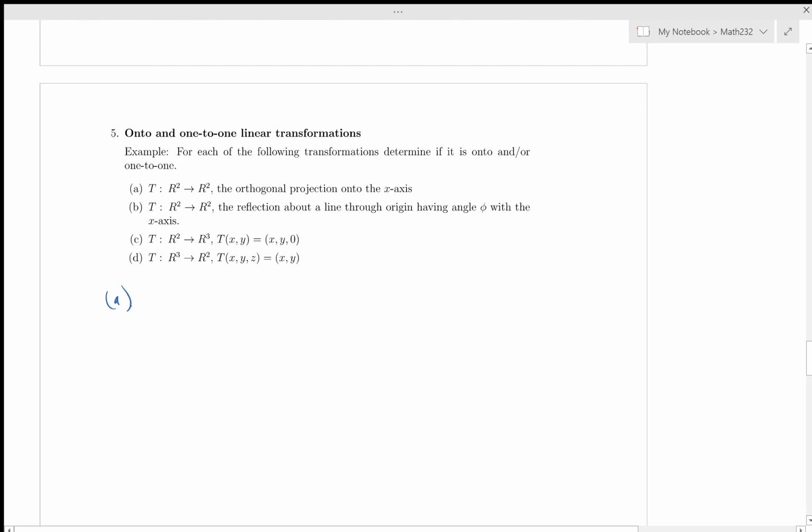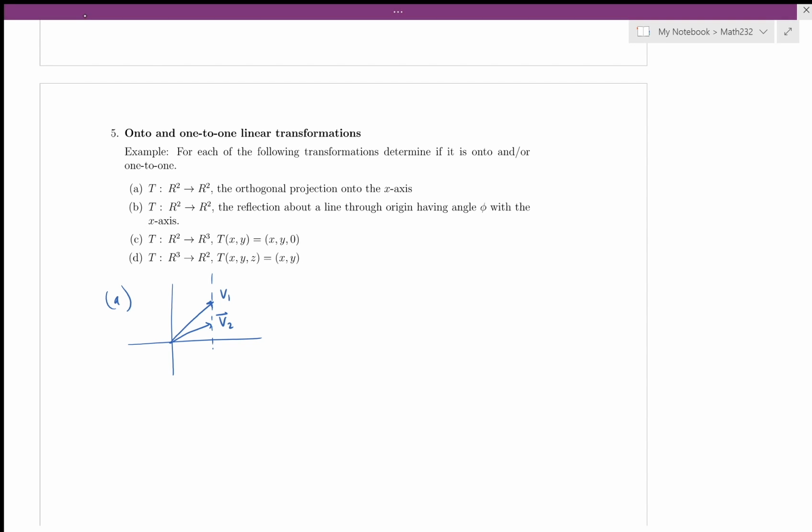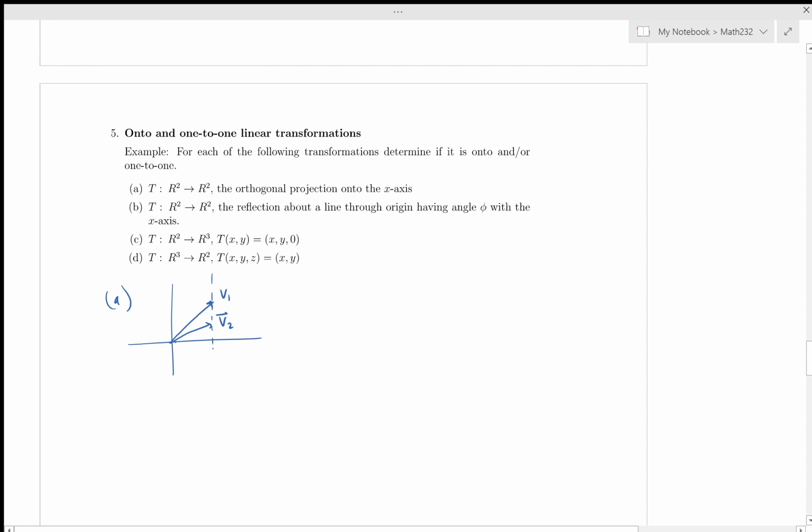A here is a transformation, orthogonal projection onto the x-axis. I'm just going to appeal to a picture here. I've got one vector there, v1, and a second vector here, v2. Then I'm going to project both of those down onto the x-axis, and the projections of v1 and v2 will be exactly the same.